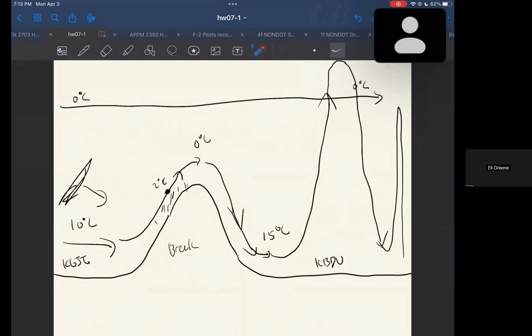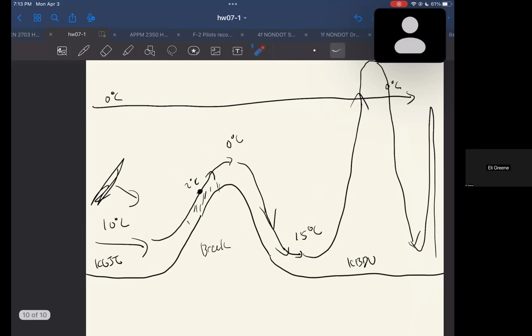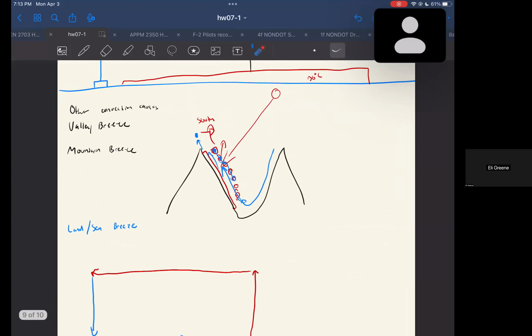The cold air is sinking through it, so the cold air sinks down and forces the hot air up. It's not hot air rising, but it's easier to visualize it that way.